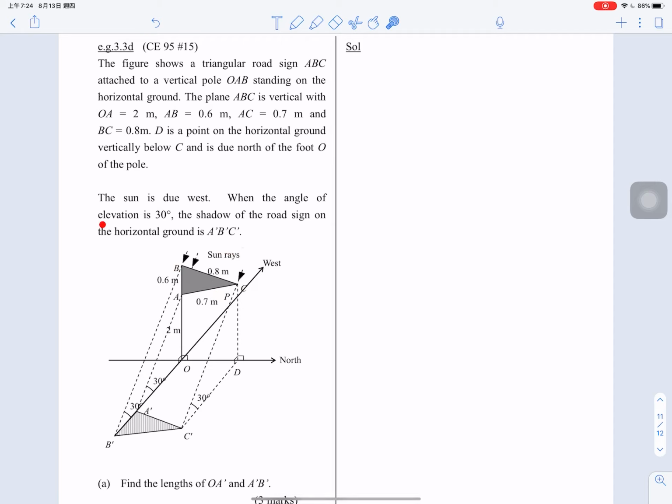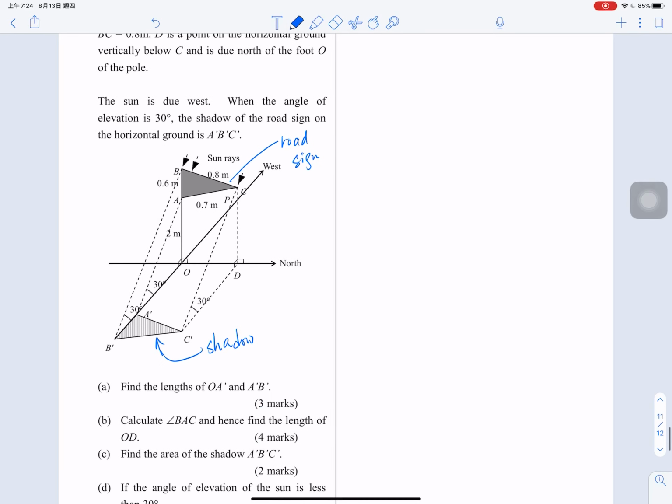When the angle of elevation is 30 degrees, the shadow of the road sign on horizontal ground is this one, A', B', C'. That means here is the shadow, and this one is the road sign.